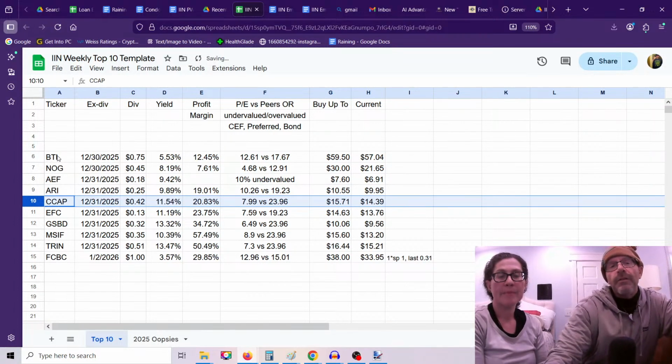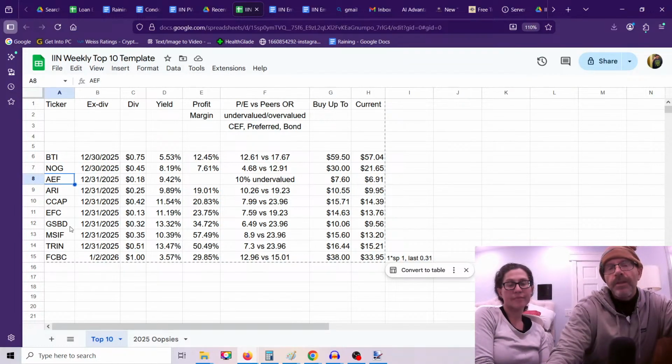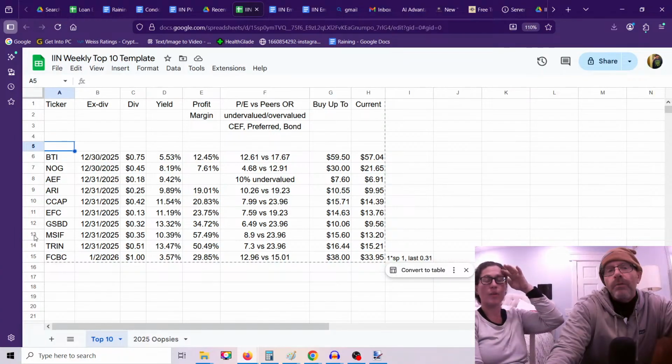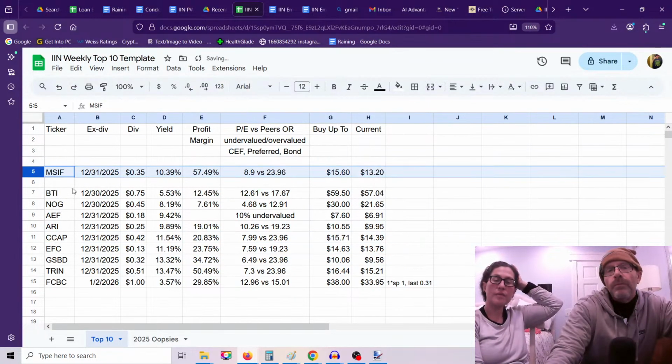Now that should be 10, right? We have to put them in order. Yeah, this is Tim's tedium thing here. He's like, which ones go in which order? Because he does rank them on the ones that he likes. Is that your number one?